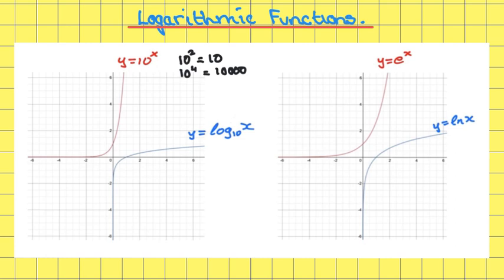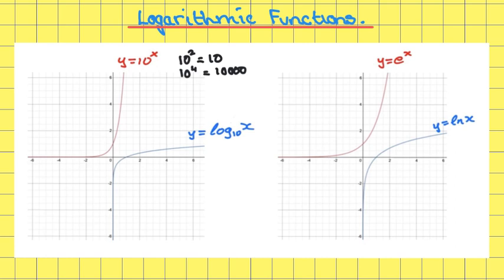The log function is the inverse of the exponential function, and as you can see, as x gets larger and larger, y gets larger, but in the opposite way. It gets larger very slowly.